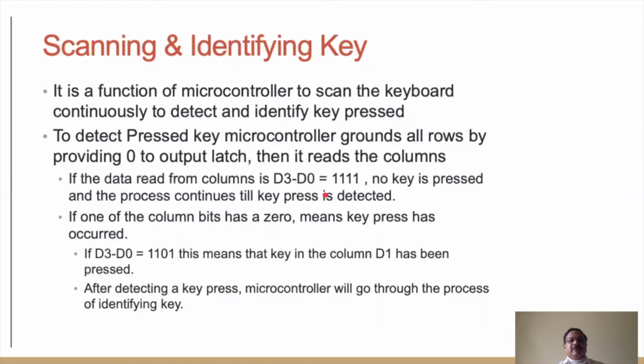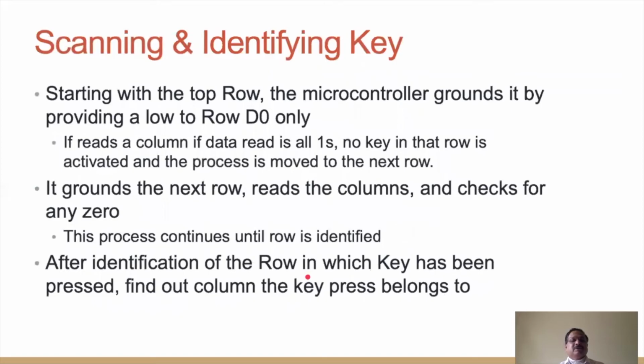That means it will remain in the loop to detect the key press. Whenever one of the column bits is 0, that indicates that a key press has occurred. Now, let us suppose 1101 is the data available on these D0 to D3 lines. That means the key in the column D1 has been pressed. But then to identify the exact key, the microcontroller will go through a further process.